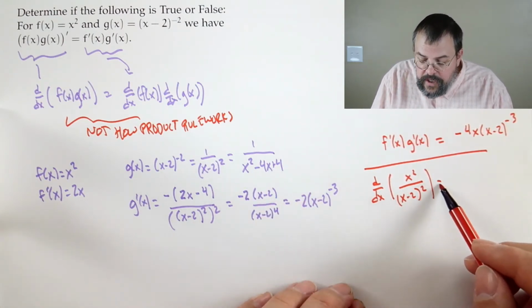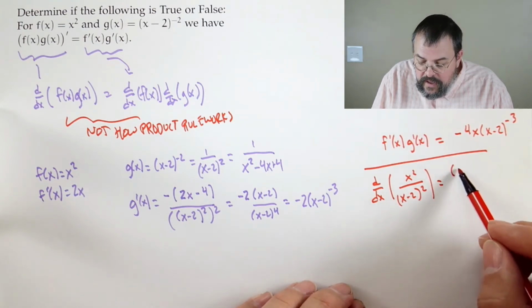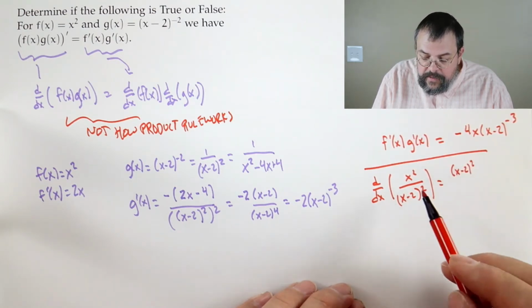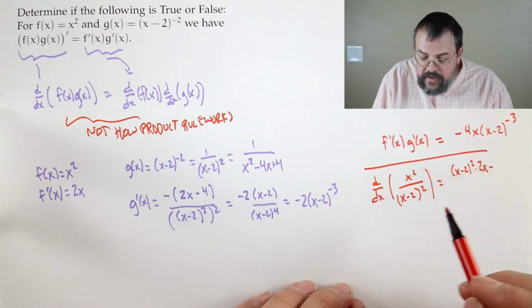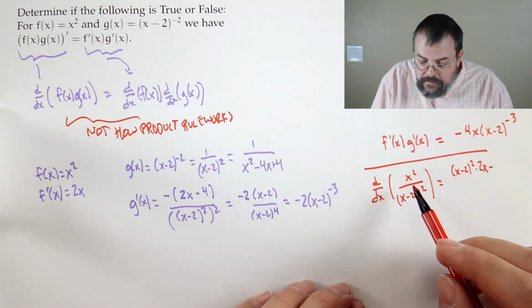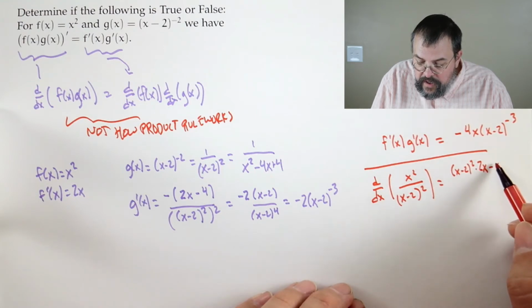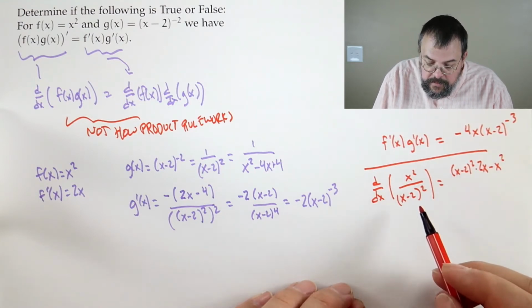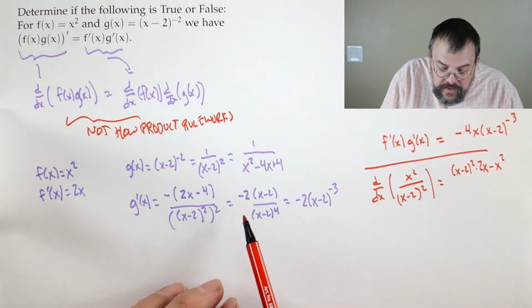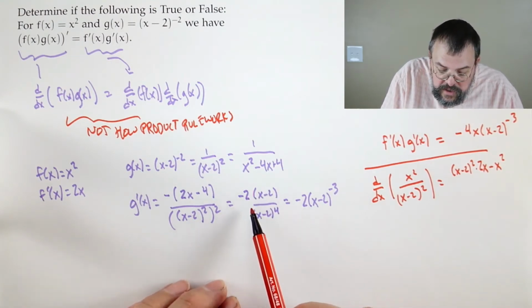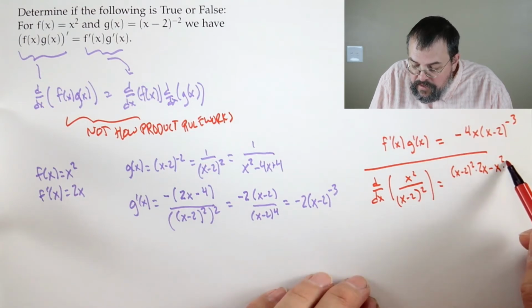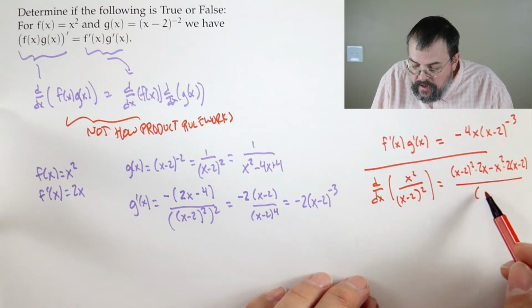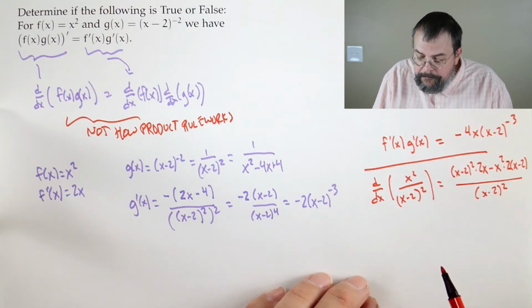So we're going to take the bottom, x minus 2 squared, times the derivative of the top, which is 2x, minus the top, which is x squared, times the derivative of the bottom. Well, we actually did the derivative of the bottom. It's this thing right here. That 2 times x minus 2 is the derivative of the bottom. So times 2 times x minus 2, all over the bottom squared.